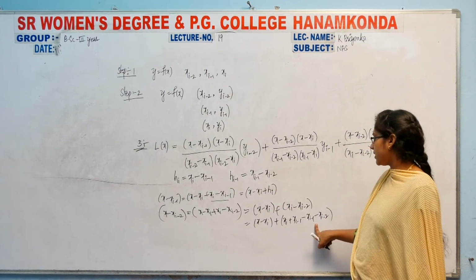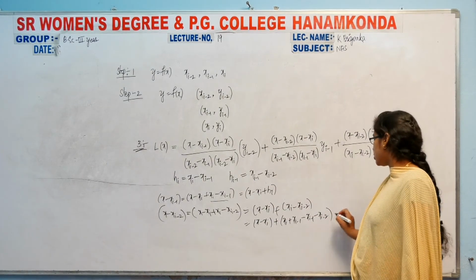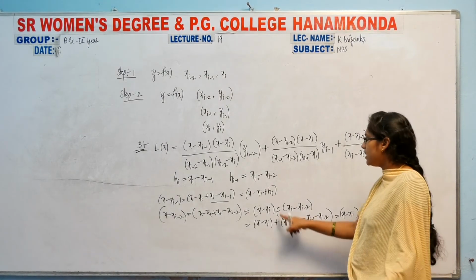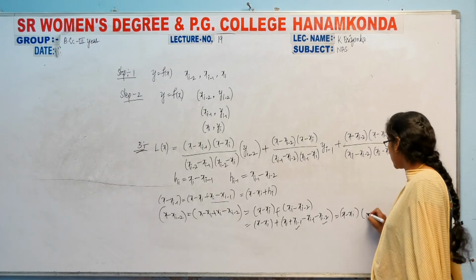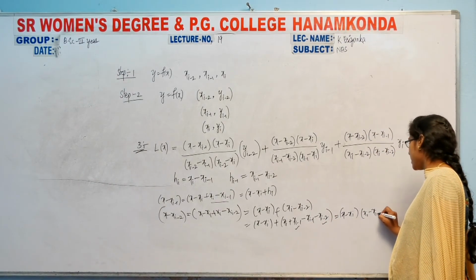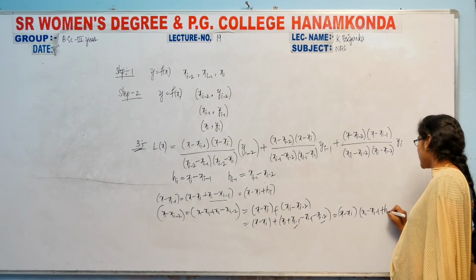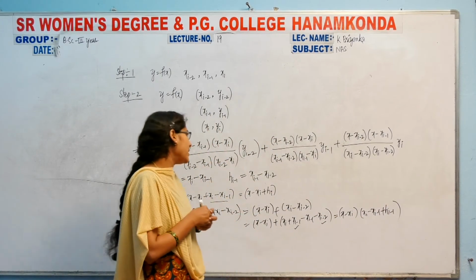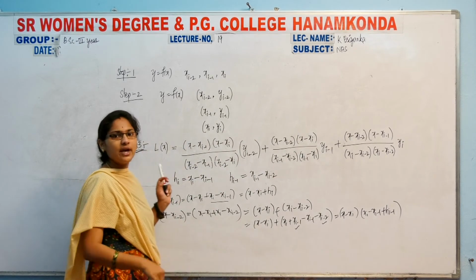From this we take the value xi minus 1 minus this one. Then what we get: x minus xi plus, here, xi minus xi minus 1, the difference between these two, is nothing but plus hi minus 1. Actually no need to remember all this. What I am trying to do is write this entire formula in terms of the h also.